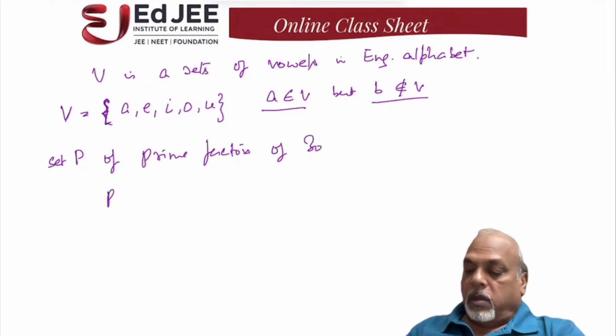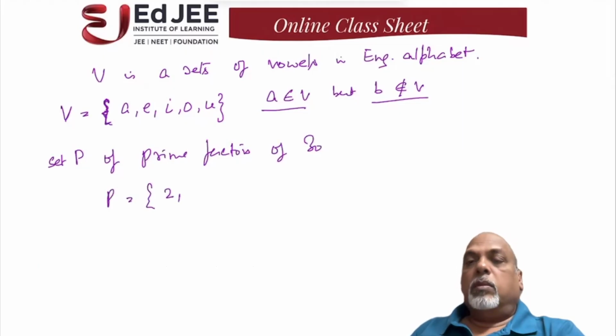So P, what will be the elements of this? 2, 3, 5.